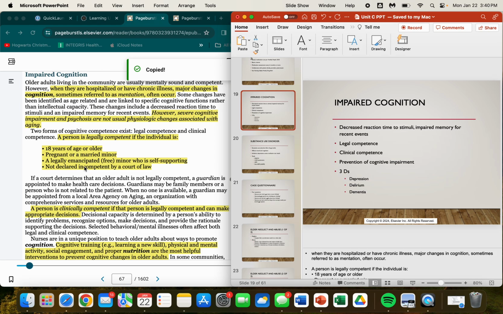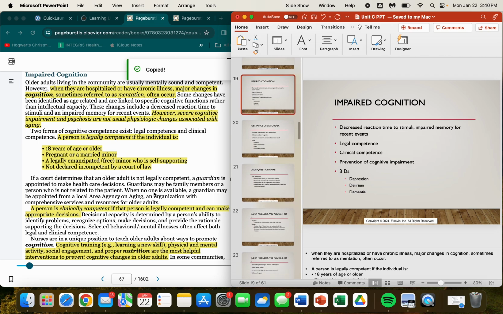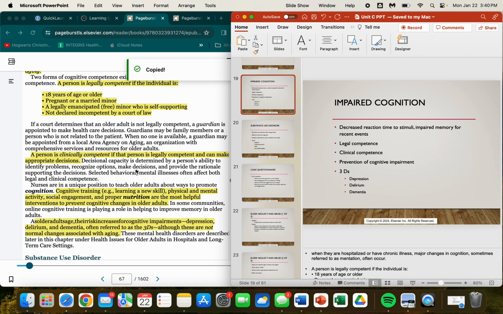Your patient is considered legally competent if they meet this criteria. And a person is clinically competent if that person is legally competent. They have to be legally competent to be clinically competent, which means that they can make their own healthcare decisions.